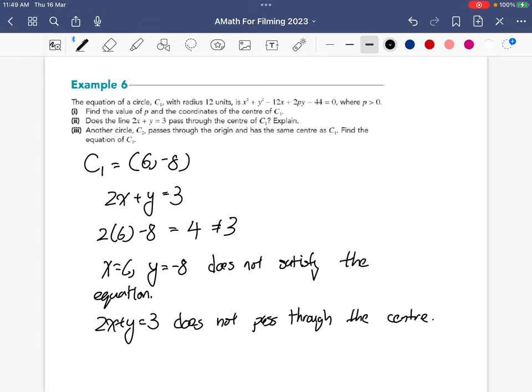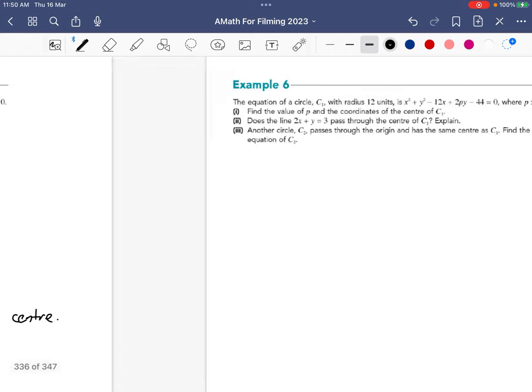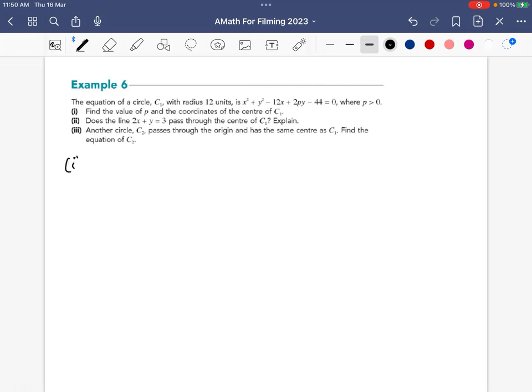Now, there's another circle C2, and C2 passes through the origin and has the same center as C1. Find the equation of C2. For C2, it's quite simple already. I know that the center of C2 is (6, negative 8). What's missing now is the radius.